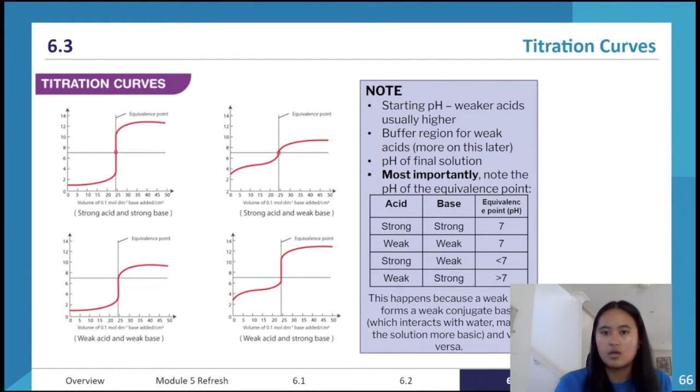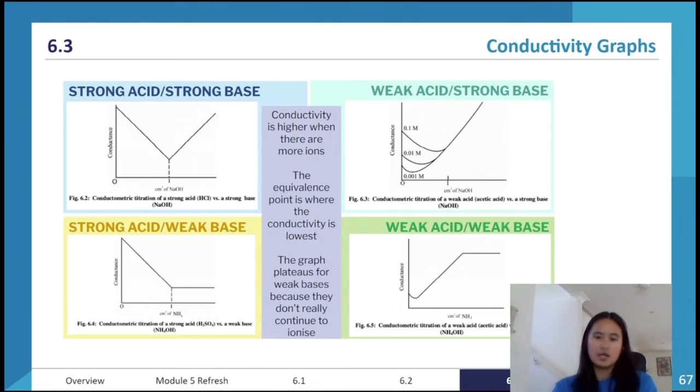So that's that. Another type of graph that you might see and have to interpret for titration is the conductivity graph. This is the same kind of thing, but for electrical conductivity, and it's based on the ions that are present. The most prominent V-shape is for your strong acid, strong base.